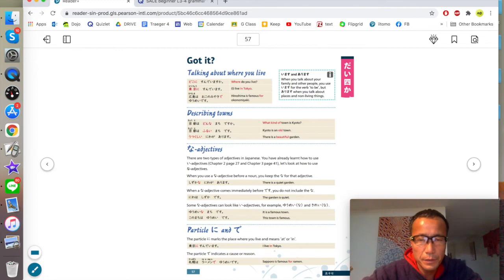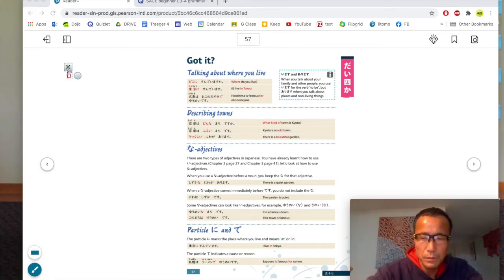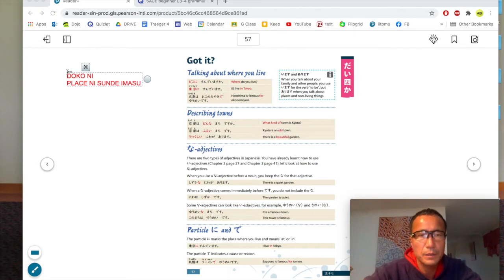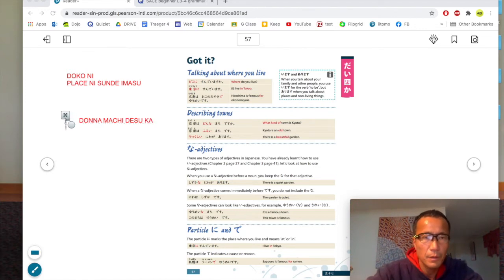This one is どこ, meaning where. Place に, for example 東京に, アリススプリングに住んでいます。I live in Alice Springs. Place に住んでいます。Now, next one is どんな, meaning what kind of. 東京はどんな街ですか?